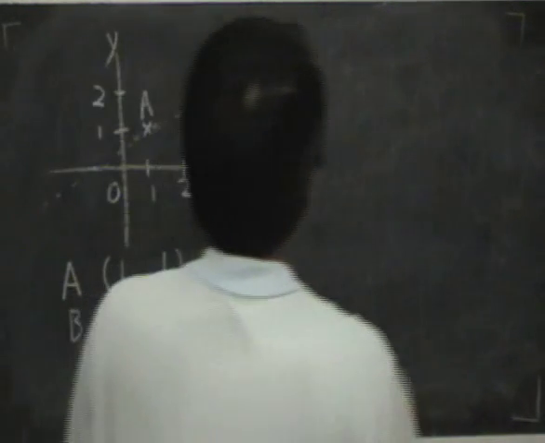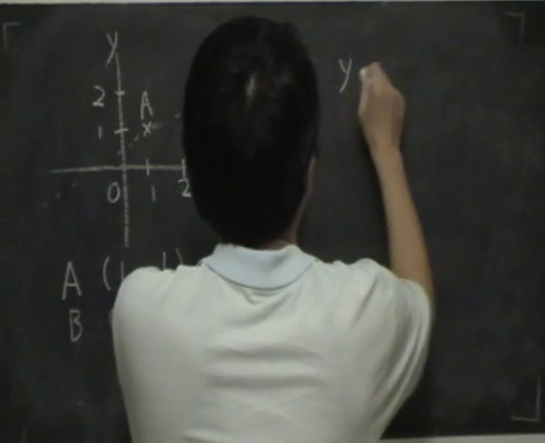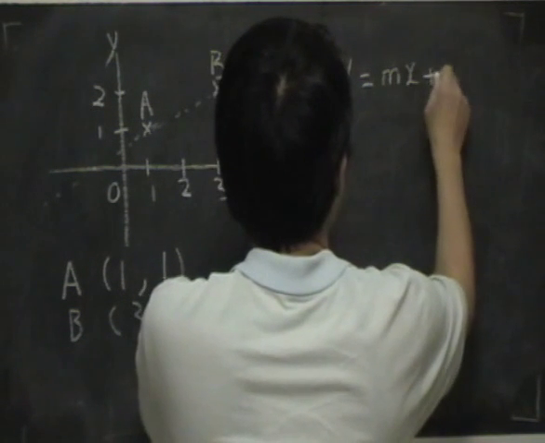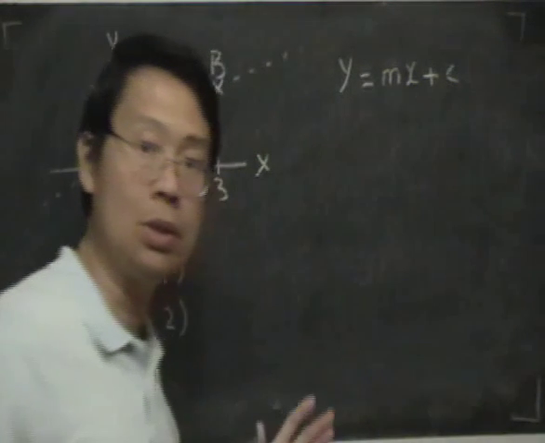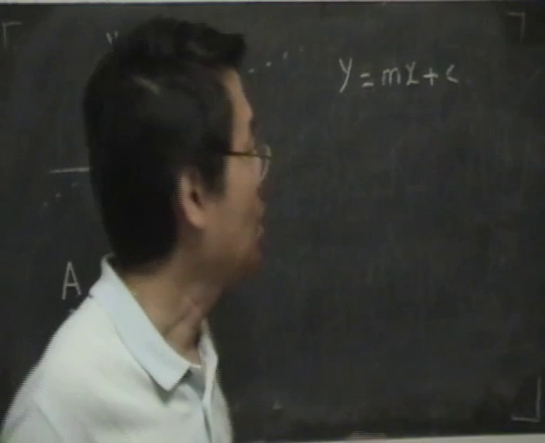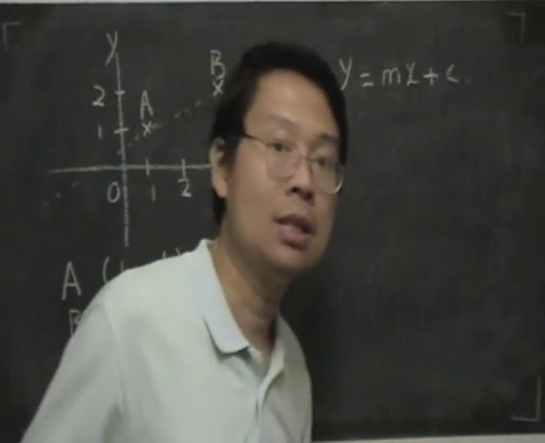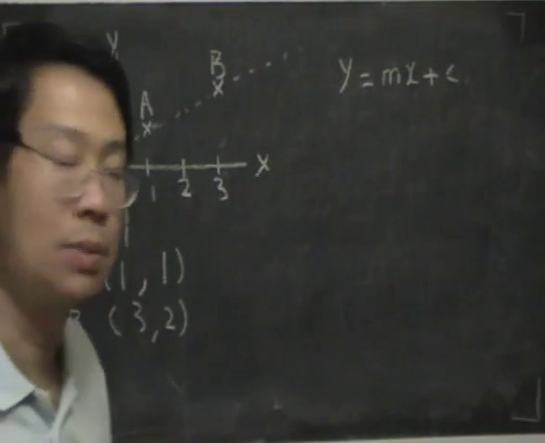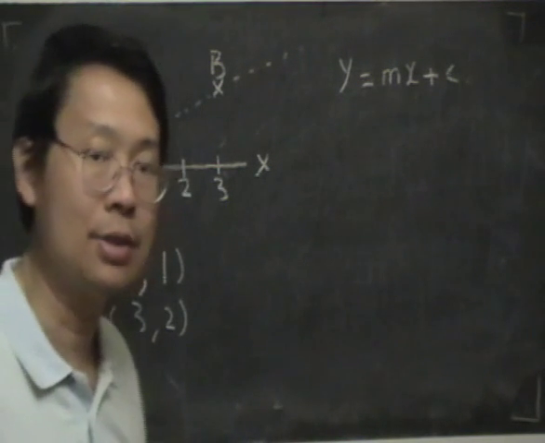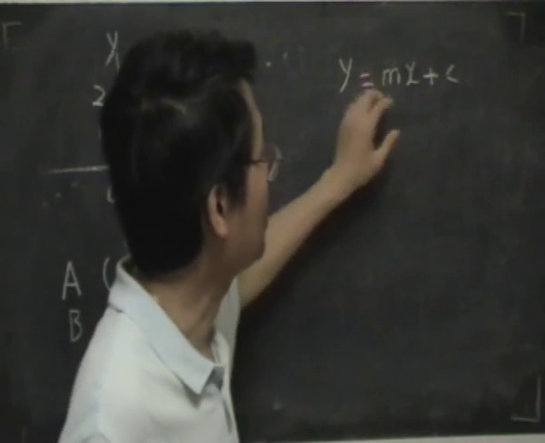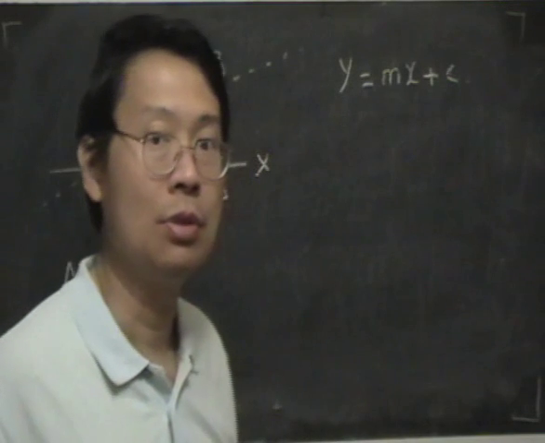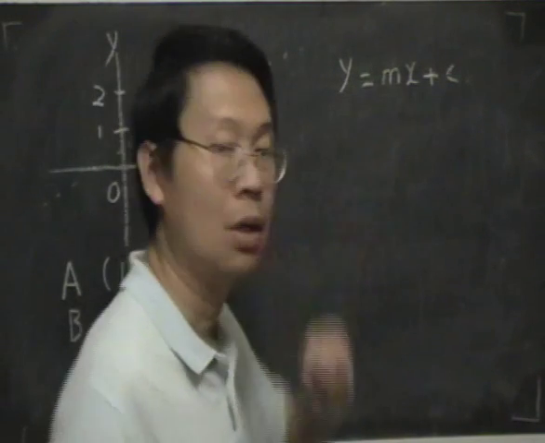Okay, so remember that the formula for the equation is always y equals mx plus c. It always looks like that, that you have x and y inside, and m and c are numbers. Actually, x and y also represent numbers, but m and c are numbers that are fixed for different x and y's.